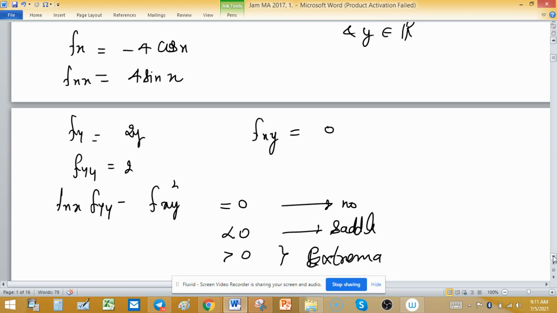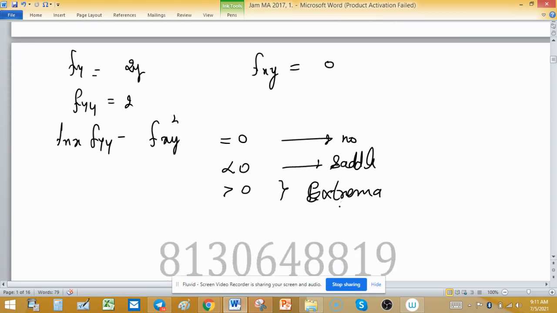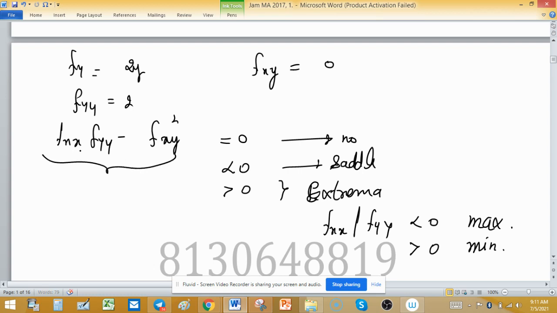But if either fxx or fyy is less than 0, then it is a point of maxima. If greater than 0, then a point of minima. So we have to check the nature of fxx fyy minus fxy squared at the said critical points.